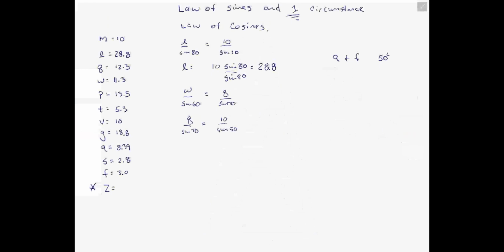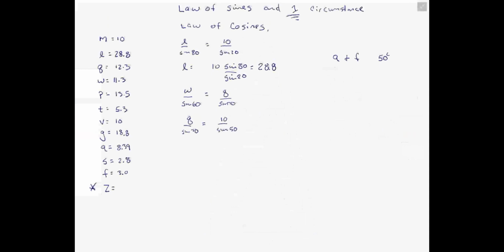We had F, and we had A, and we had Z, and X. F was 3.05. A was 8.39. So what we needed was Z.